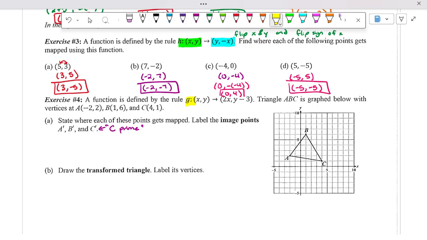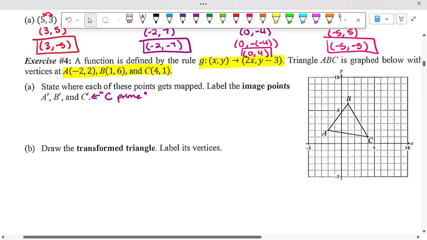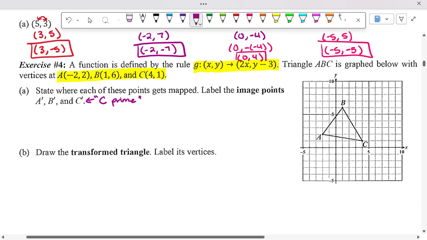So we're going to use this rule for these 3 points. So this should be what you're familiar with. So take a minute on your own and plug A, B, and C into those rules to get the new points.